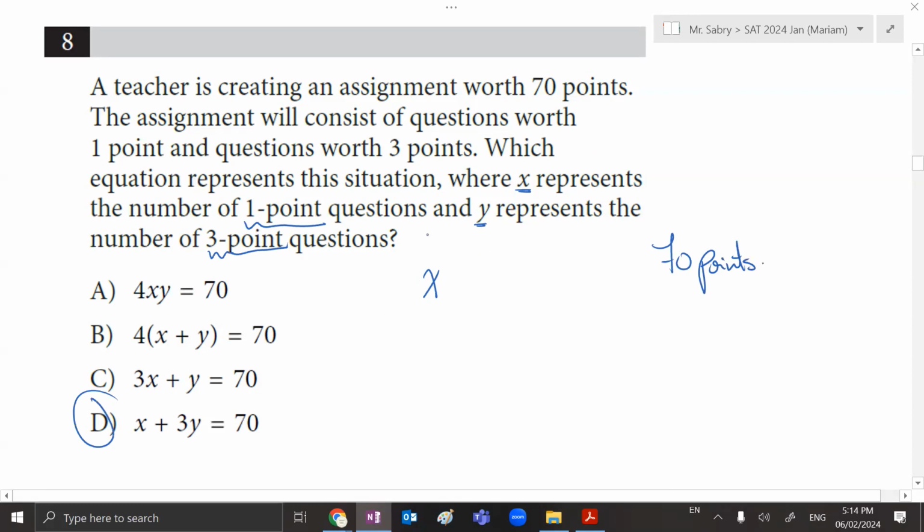Now, why are you confused about it? We have 1 point questions and we have questions that are worth 3 points. The number of 1 point questions is x, it's unknown, and the number of 3 point questions is y, it's unknown.